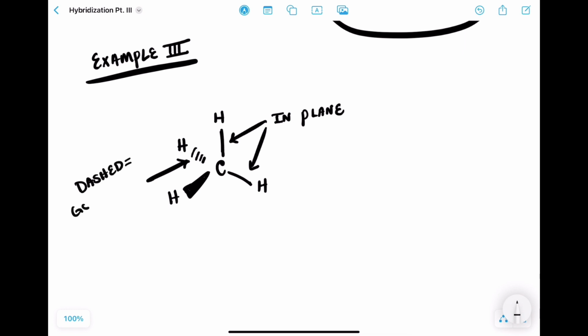is going towards the back. So imagine it going into the page. And anything that is wedged is coming out at you. So wedged equals, we'll say, going towards the front.